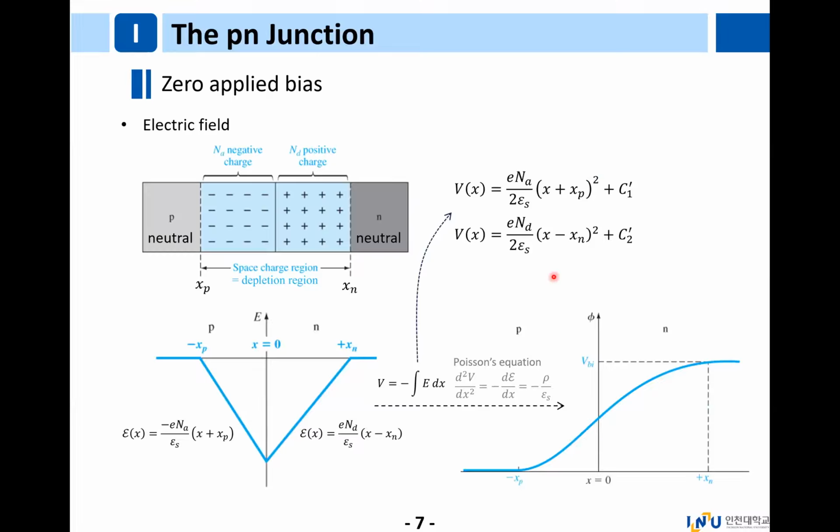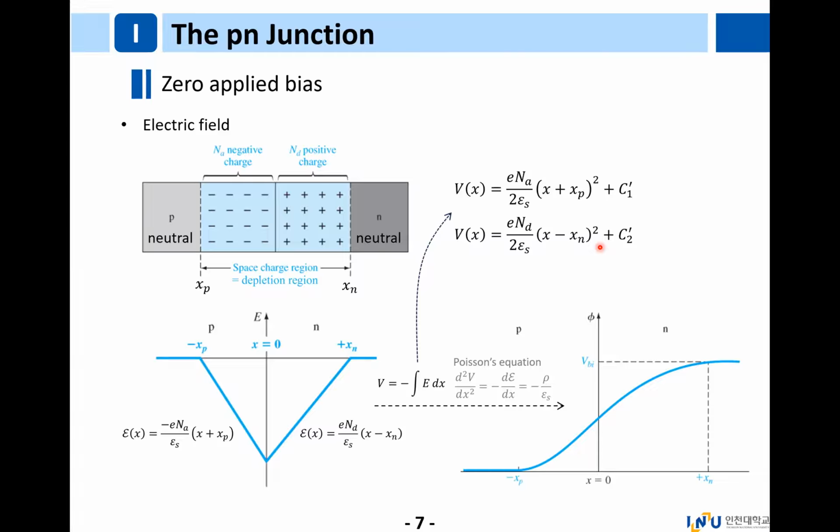Again, there will be an integration constant, so we need boundary conditions. Since potential is a potential difference with respect to some reference point, we can arbitrarily choose the reference point.